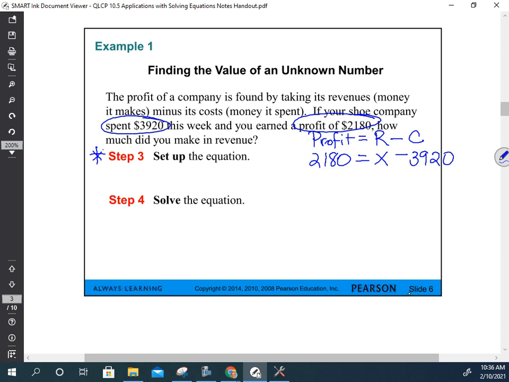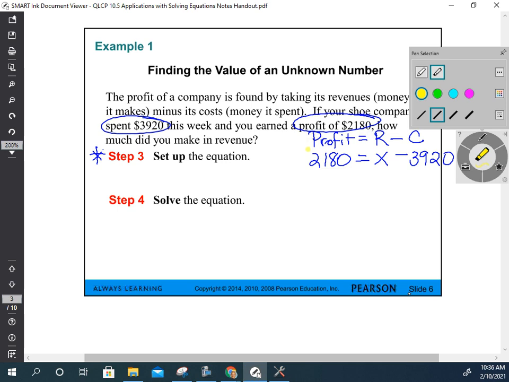So once you have the equation set up, now we solve it. Now we got something that we can solve. So if I'm going to solve that equation, what do we do to both sides? Okay, how do we do that?